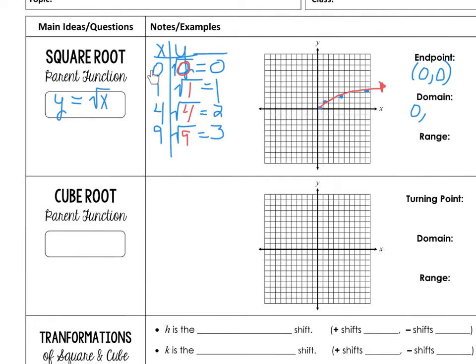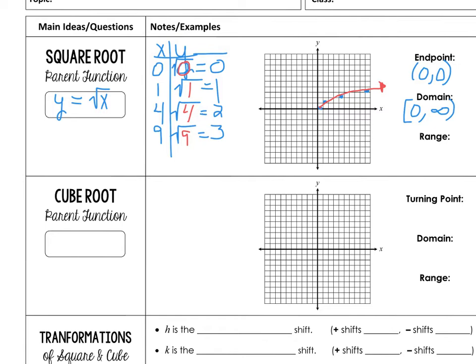We have 0 here. Since it's part of our domain, we're going to include it, and that means that we need to have brackets here. And then how far to the right can we go? In other words, is there any number too big that I can't take the square root of? No. So our domain continues to go to the right infinitely. So that means that our domain goes from 0 to infinity.